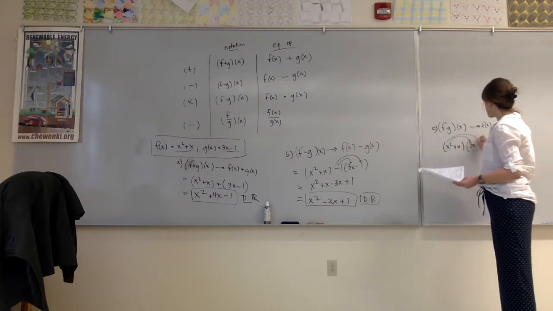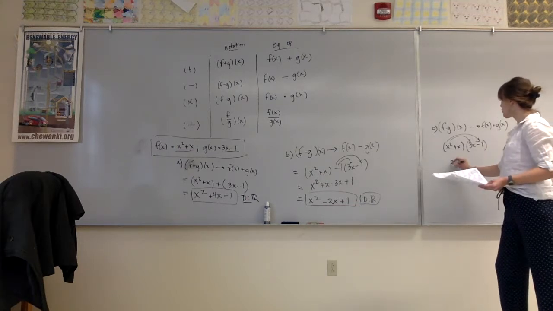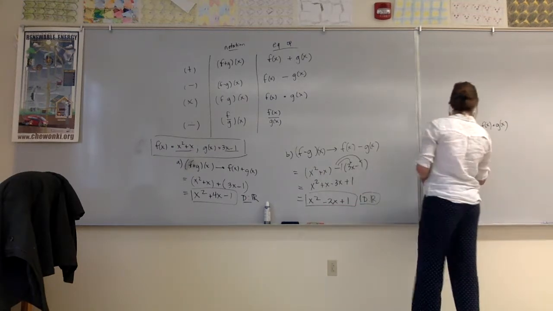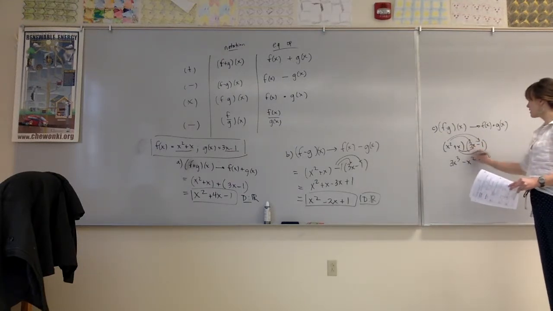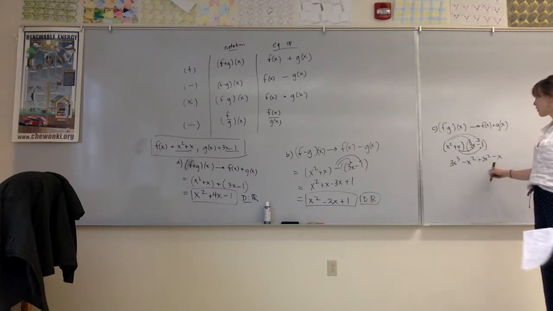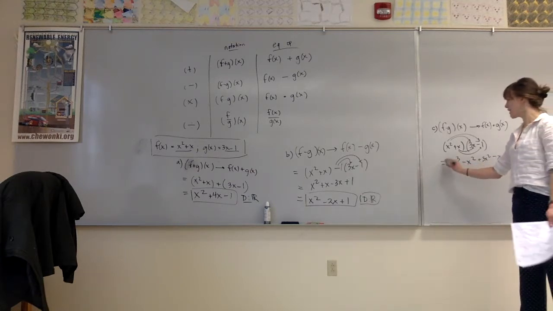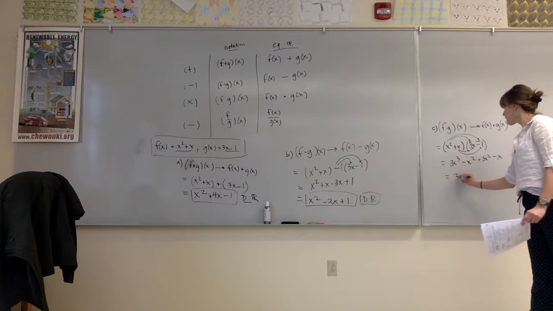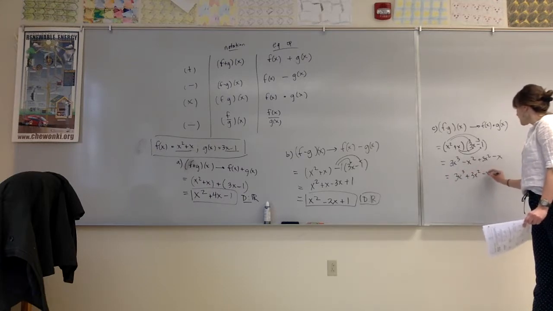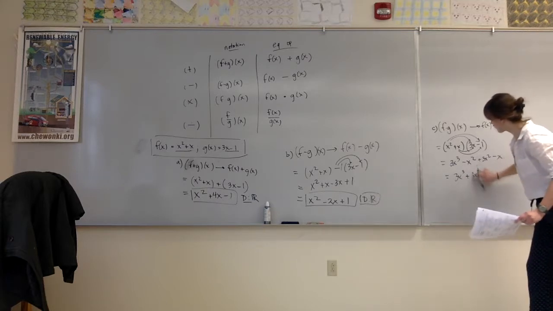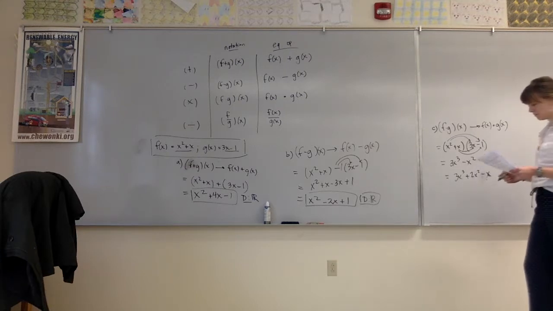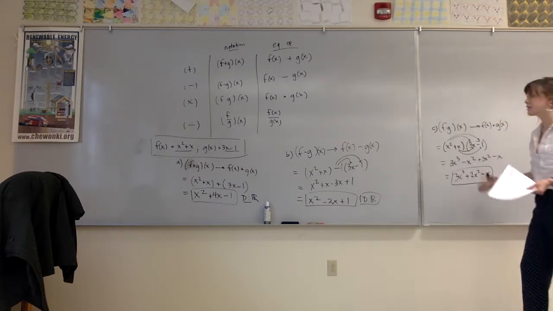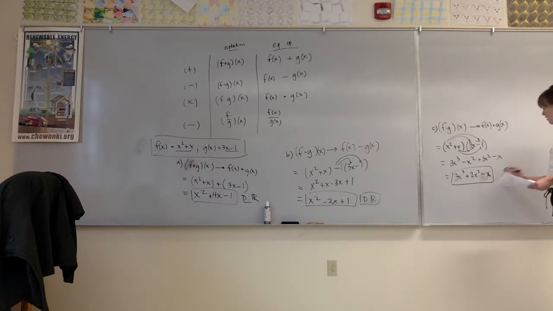So I do my first and my outer, so 3x to the third minus x squared plus 3x squared minus x. When I simplify this or combine like terms, I should get 3x to the third plus 2x squared minus x. And my domain again, because I don't have a denominator, will be all real numbers.